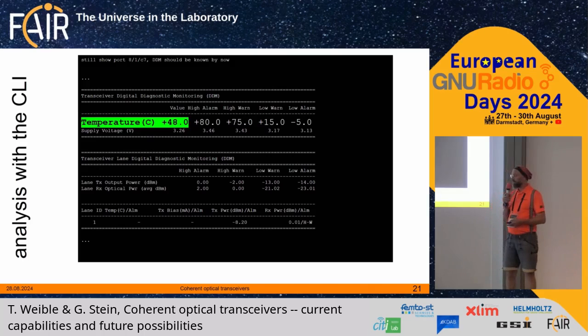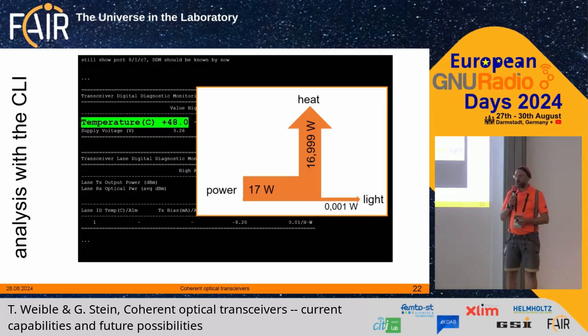And why do I highlight the temperature? Because typically in the past, the temperature was not so important to monitor. We were always in range. Now, when we look at the figures, in optical transmission, the math is quite simple. So we feed in a lot of power, and typically those tiny modules take 17, in some circumstances up to 20 watts.